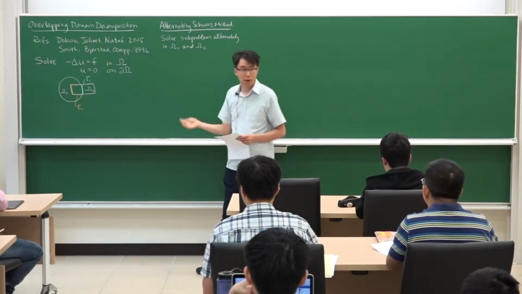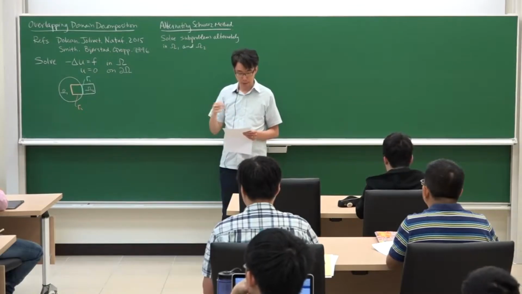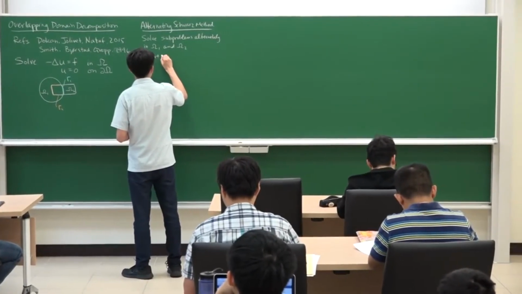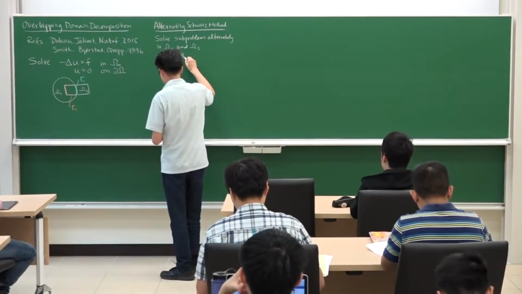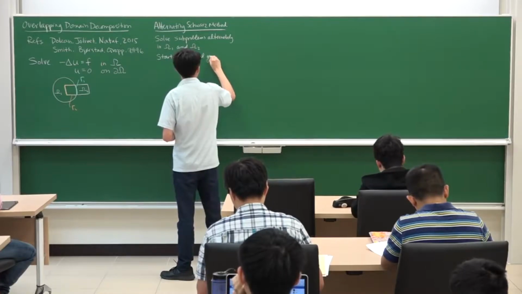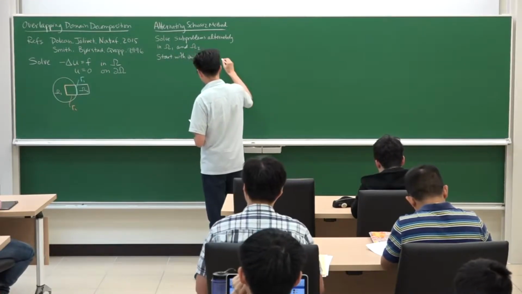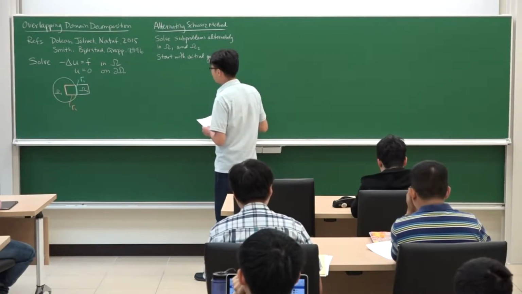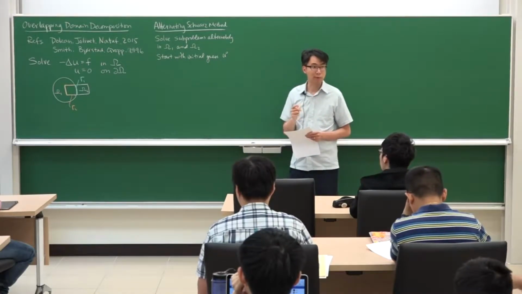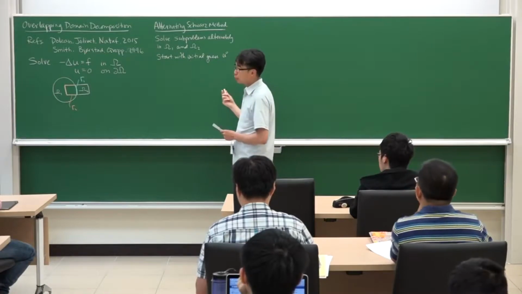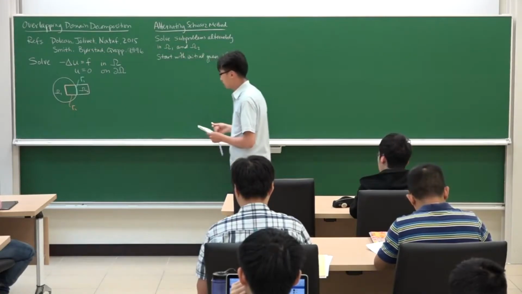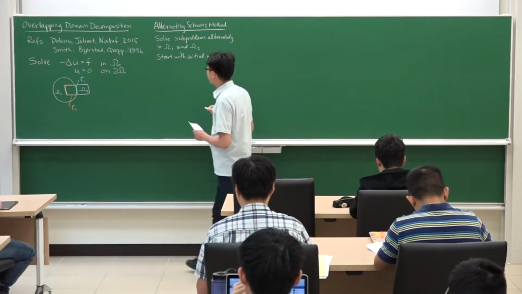So this means that we'll do omega 1, then omega 2, then omega 1 again, then omega 2 again. So here's what the algorithm looks like. We're going to start with an initial guess. Let's call the initial guess U0. Okay, so the superscript 0 is the iteration counter. And we actually only need the solution in the second part. But let's suppose that we have an initial guess in the entire solution. And then we're going to loop like before.